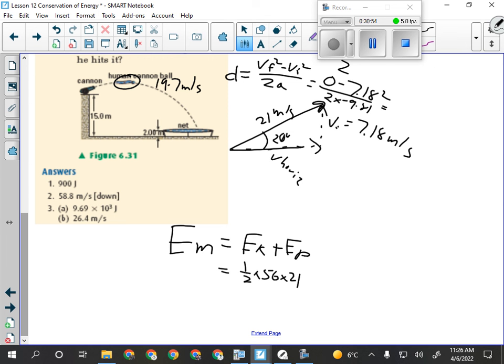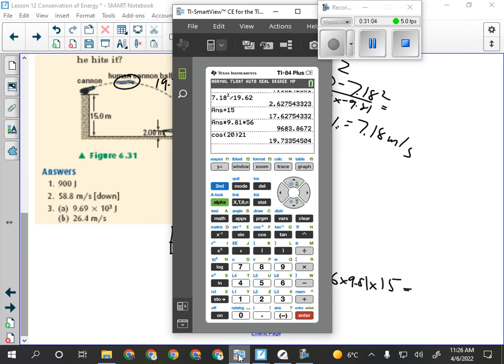That would give me the initial kinetic energy when he's launched, plus 56 times 9.81 times 15.